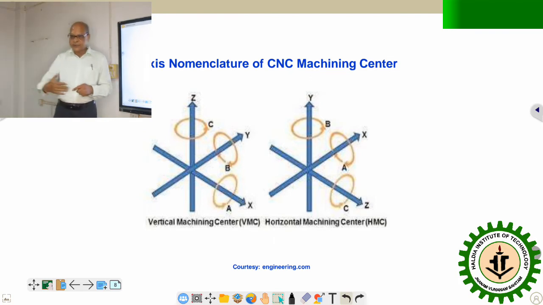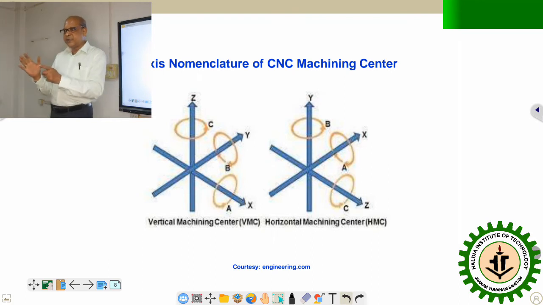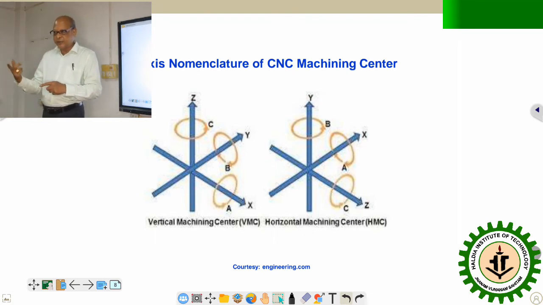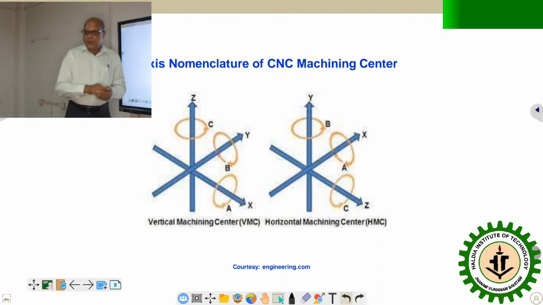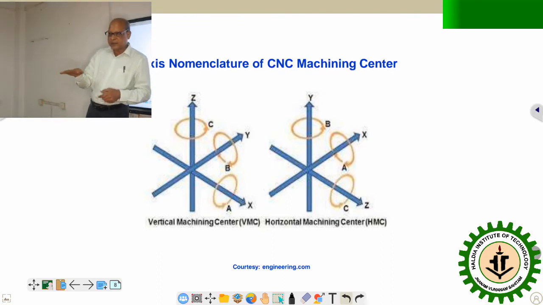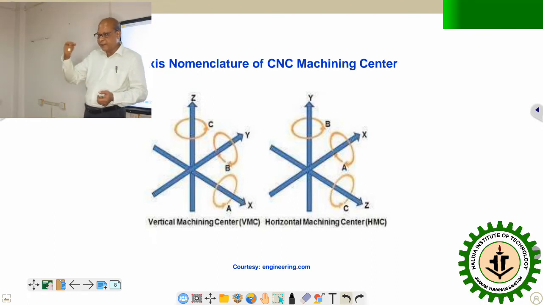Afterwards we will discuss in detail, but turning center falls under the lathe category, while machining centers belong to milling category, with of course some added advantages.